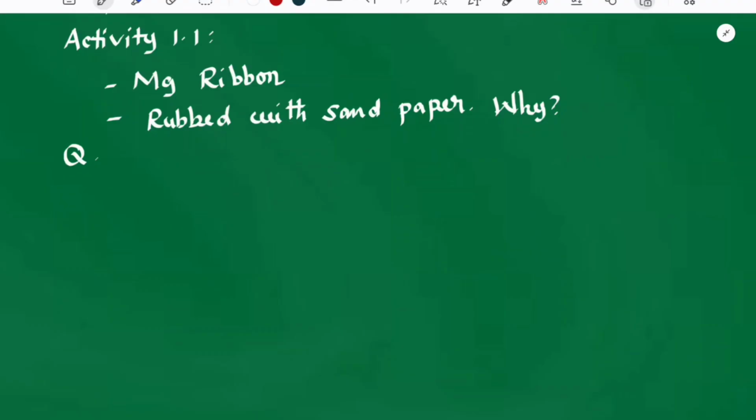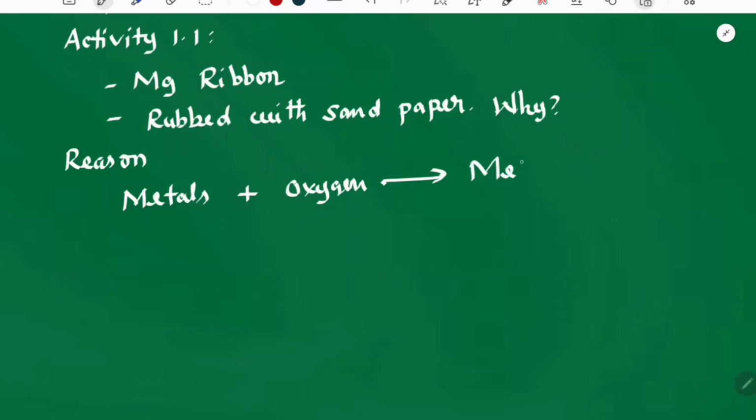The reason is, generally metals react with oxygen. Reacting with oxygen, they can form metal oxides.